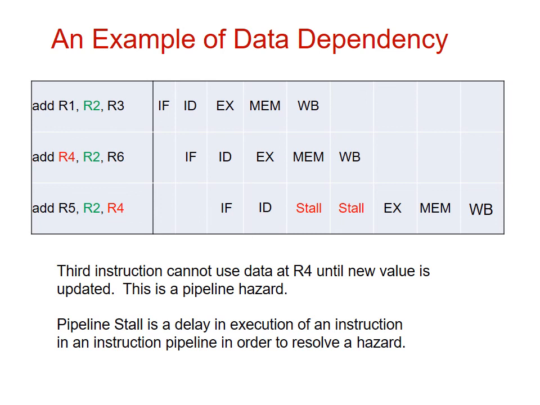So it waits for the updated value, and this is called a stall. When R4 is written back, the third instruction can execute and finally go to memory and then write back.